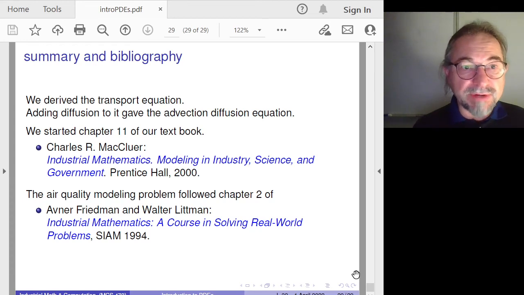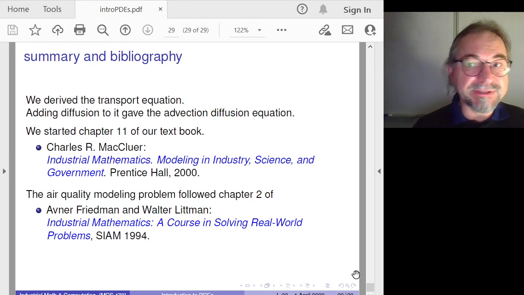We derived the transport equation. Also, adding diffusion to this gave the advection diffusion equation. We will still get back to the transport equation when we study traffic flow in one of the later lectures.